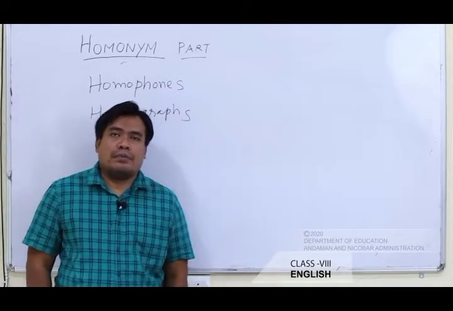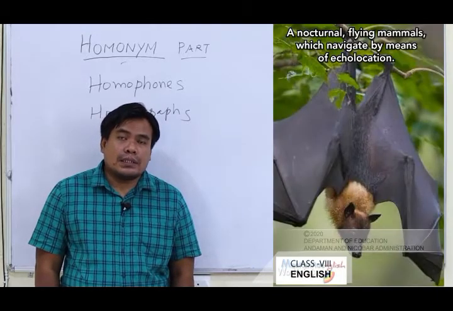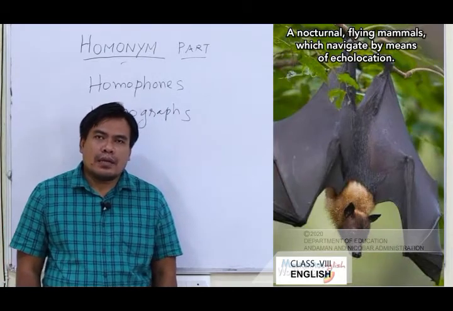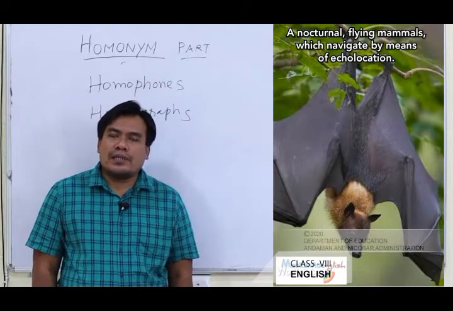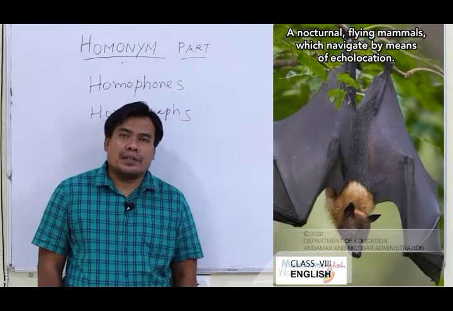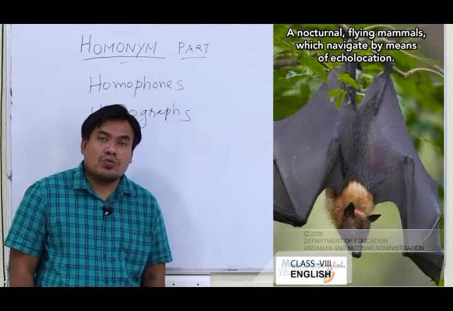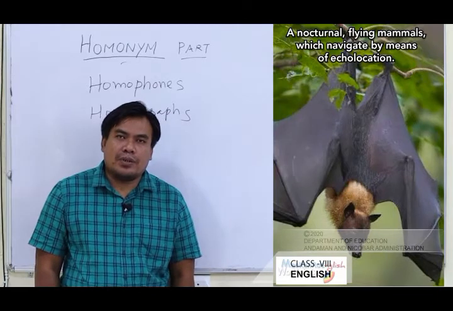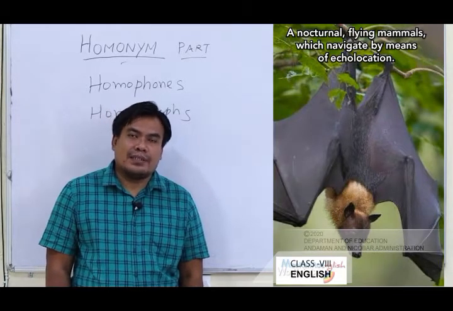You can see that on screen right now. What is that? It's a nocturnal animal. Do you know what a nocturnal animal is? N-O-C-T-U-R-N-A-L, nocturnal. Nocturnal animals are those which are awake at night and roam at night. This is one of the nocturnals, a bird you would say, and that's called bat.